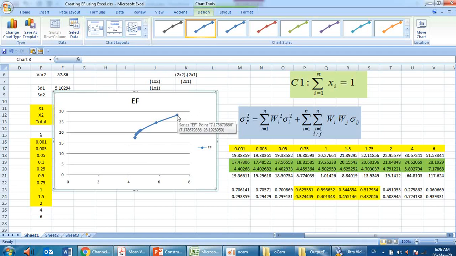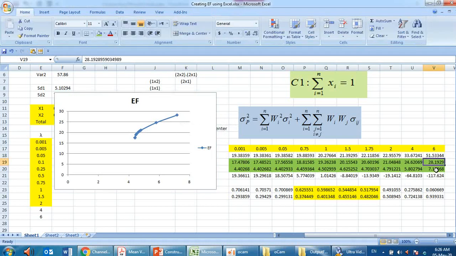And if you try to go more, the last value was taken as 8. I can take more values, construct 8, 10, 12, 13. So this would go up to this point over here. No? So you can do that also, but take into account one thing when you move up: because short sales are allowed, you'll get negative weights also.